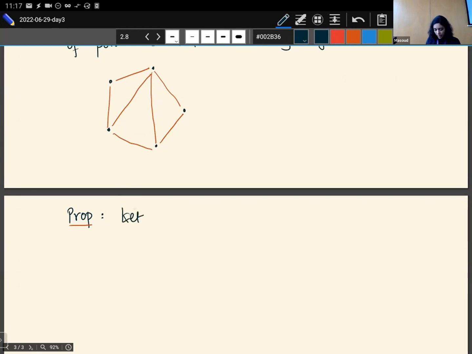So consider any framework. No, I'm sorry. Consider any configuration. Oh, maybe I should say again, sorry, generic configuration. So for the purposes of today's lecture, we're only thinking about generic configurations.